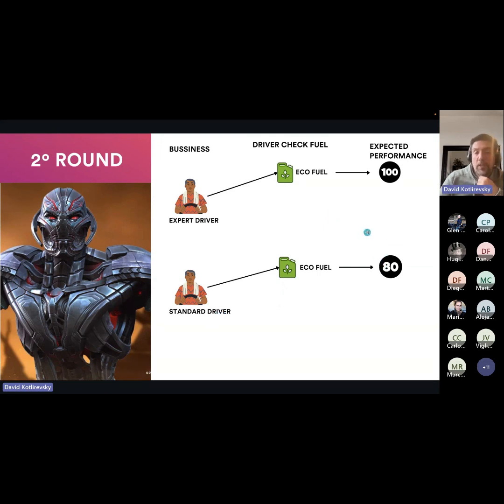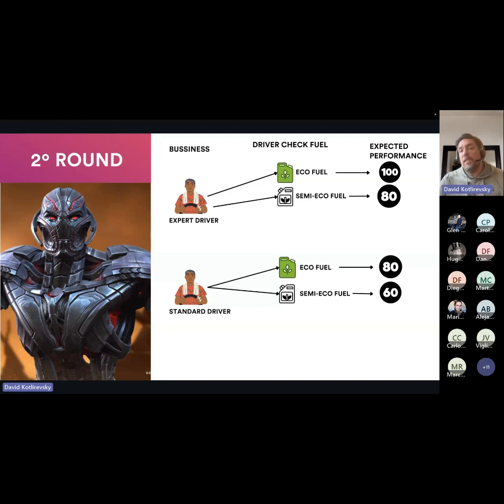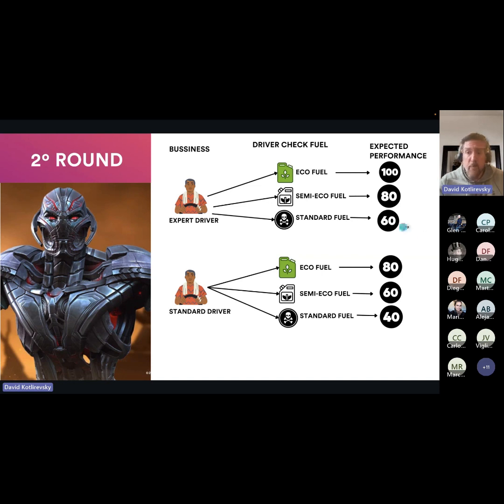Okay, are we good on that? But then if we check with semi-eco fuel, the performance expected is 80 with an expert driver, and the performance expected will be 60 if the standard driver is using semi-eco fuel. And then with standard fuel, the performance will decrease also for the expert driver.